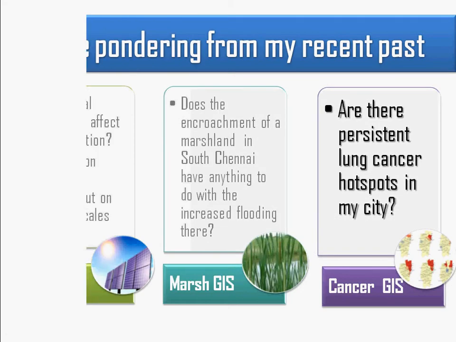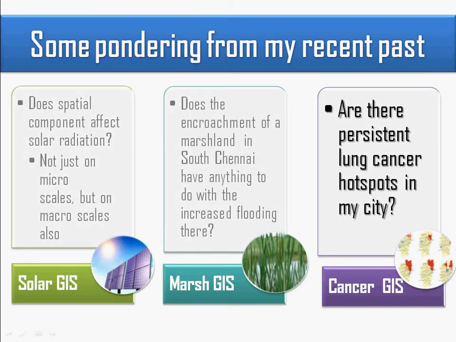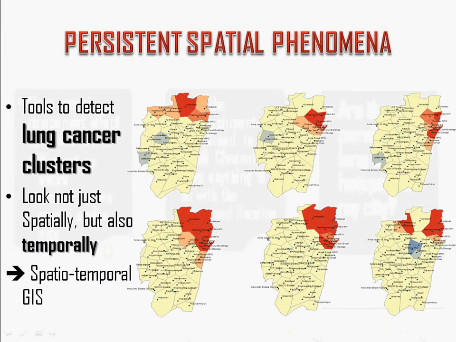My final semester project was on using GIS to find persistent lung cancer hotspots in my city. Environmental and occupational exposures such as radiation, passive smoking, radon, asbestos and pesticides are some of the major exogenous factors causing lung cancer.